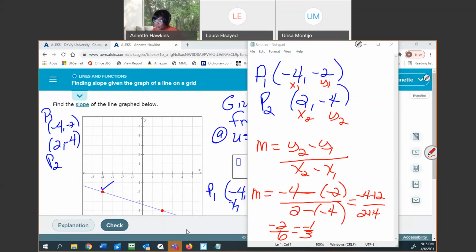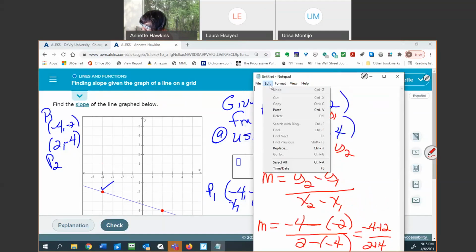Now I want to use rise over run. So let's use rise over run now.